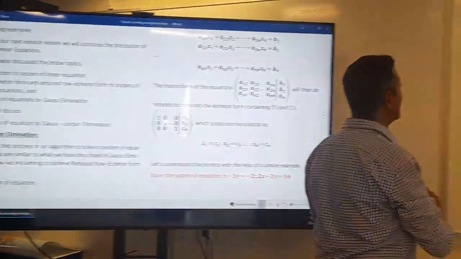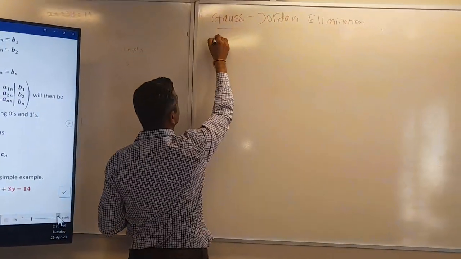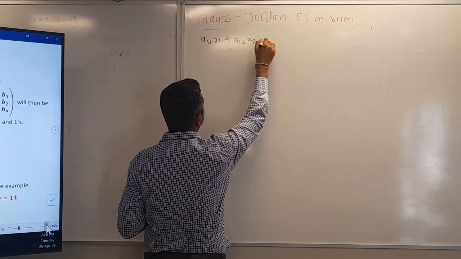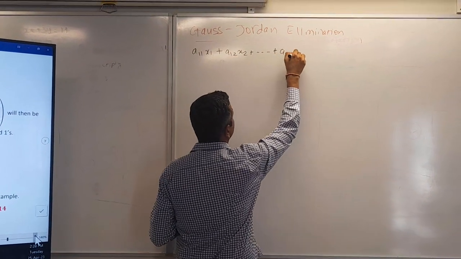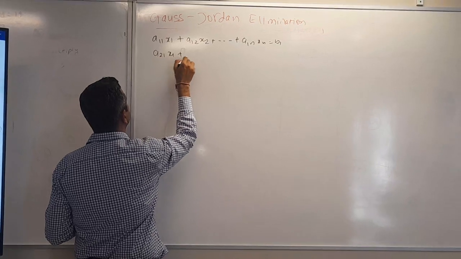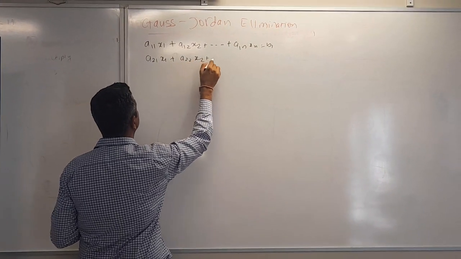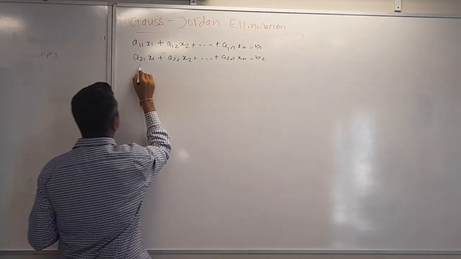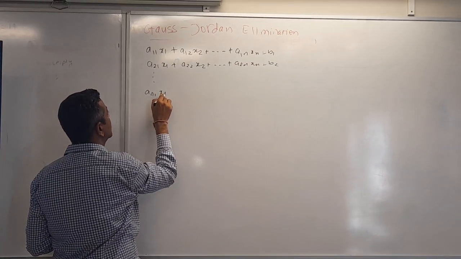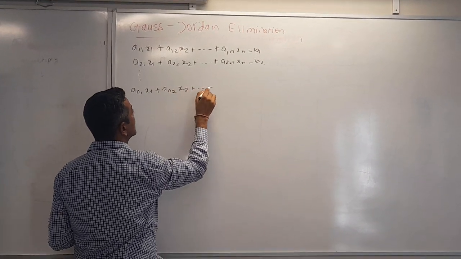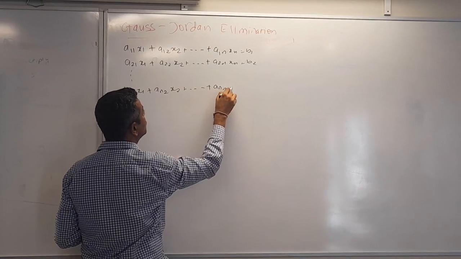So if we have a system of equations, that is a11x1 + a12x2 up to a1n xn = b1, a21x1 + a22x2 up to a2n xn = b2, which goes up to an1x1 and so on. As we are aware, this is how we write a system of equations.